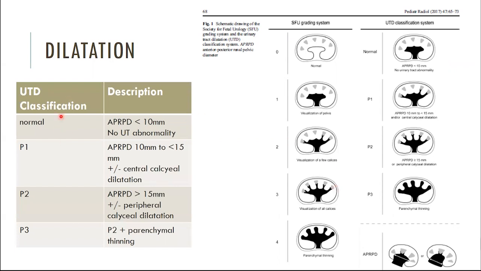I tend to like the UTD classification because it gives you actual measurements of the APRD, the anterior posterior renal pelvis diameter, where you measure the diameter of the renal pelvis right here. If it's greater than 10 millimeters, it's abnormal. Once it gets above 15 millimeters, you're looking at stage 2 or even stage 3.